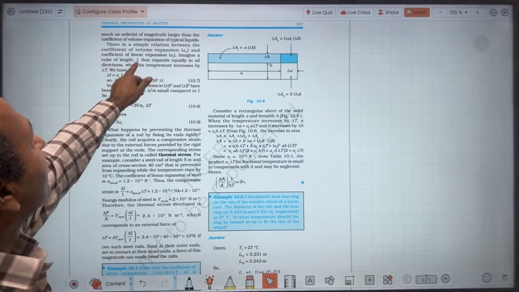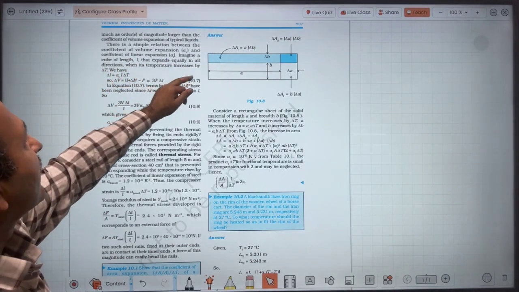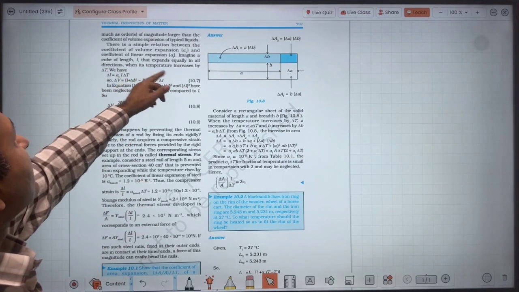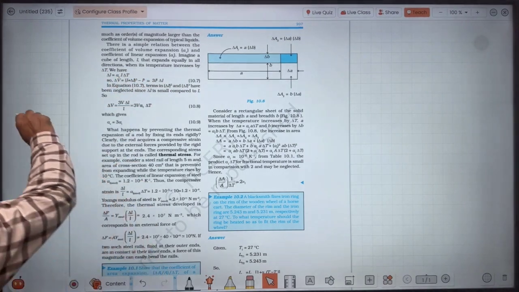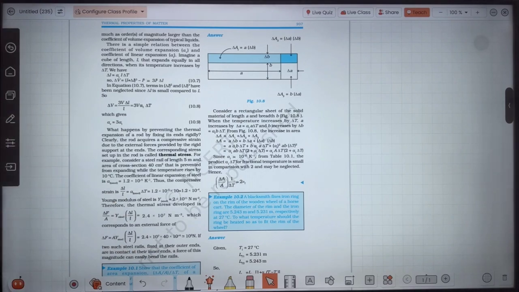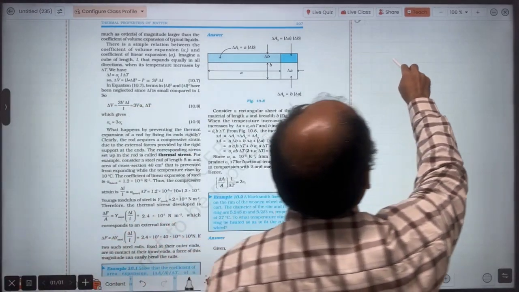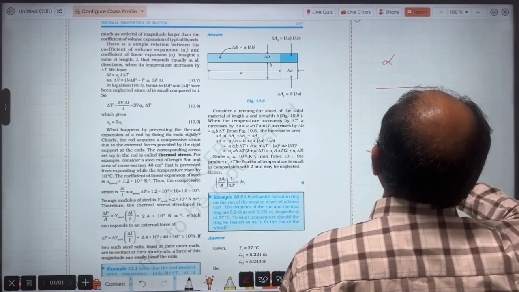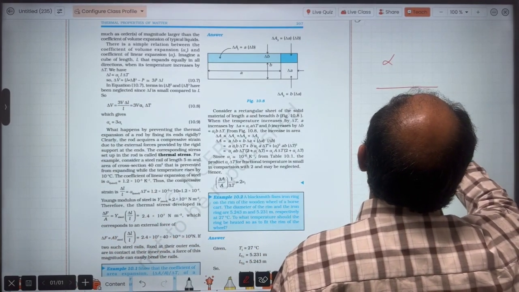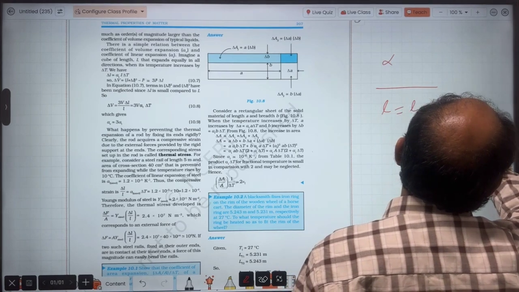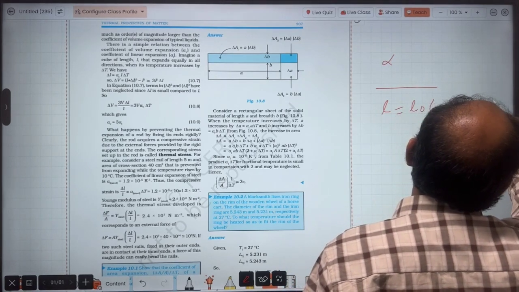Imagine a cube of length L that expands equally in all directions when its temperature increases by delta T. In finding alpha, we use one simple length, and we write the relation L equal to L0 times 1 plus alpha delta T, right?